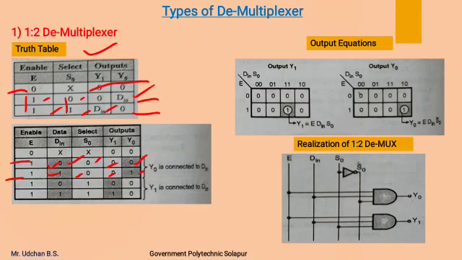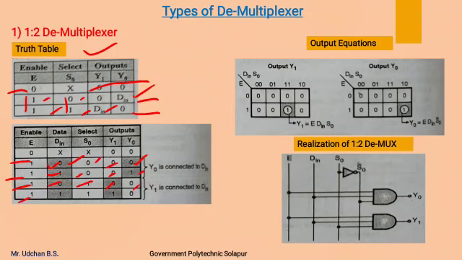Again, for the next case, enable is 1 and data input is 0. Now select line is 1, so it will select the y1 output line, and the data input 0 will appear over y1, and y0 will be 0 by default.